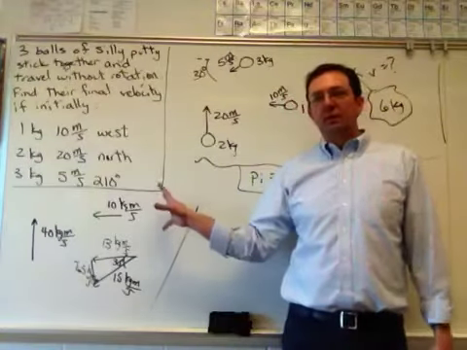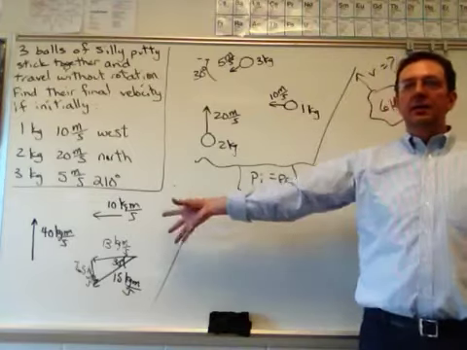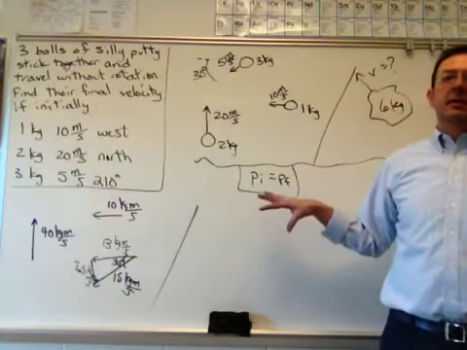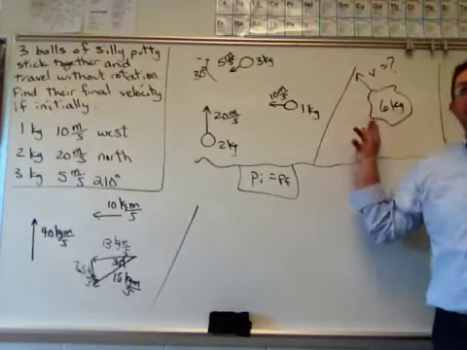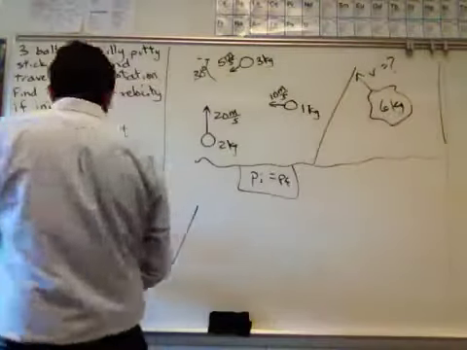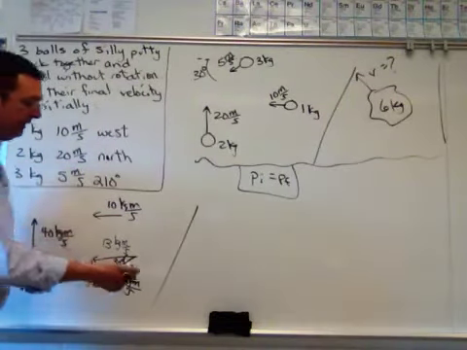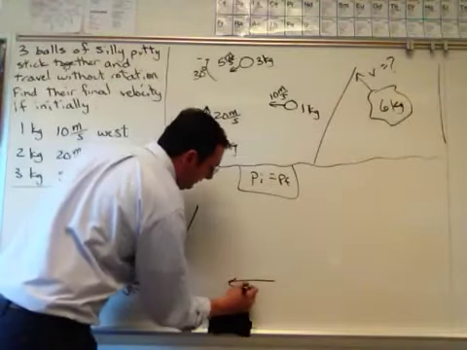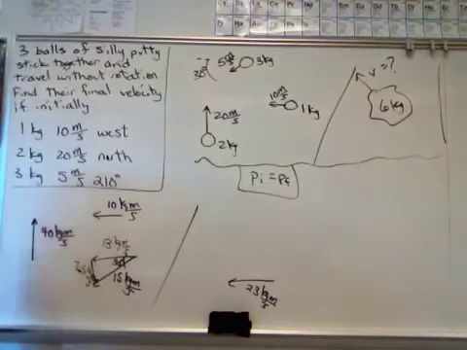So what we're going to do is put those 3 together over here, and the triangle that we get from that is going to be the same triangle that we would get for this object over here, which is at the end. And we have the 10 and the 13. The 10 and the 13, they go together because they're both west. So we have a 23 kilogram meter per second momentum vector west.